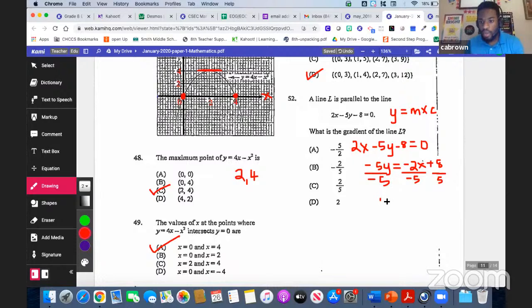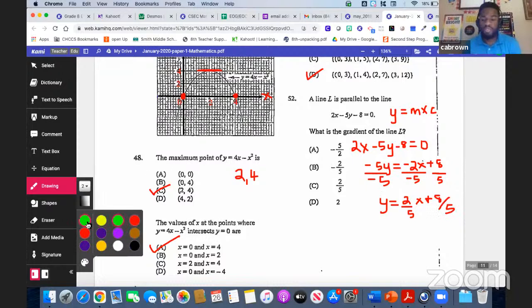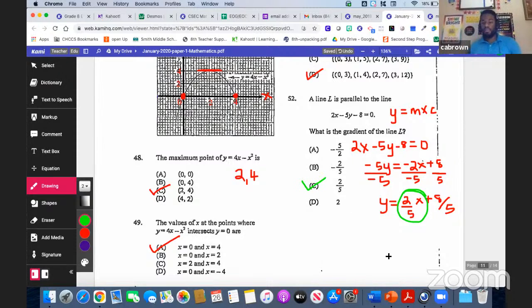So now we have y is equal to 2 over 5x plus 8 over 5. The gradient is always the coefficient of x. The value that is beside x, in this case, is 2/5. So our answer here is C, 2/5.